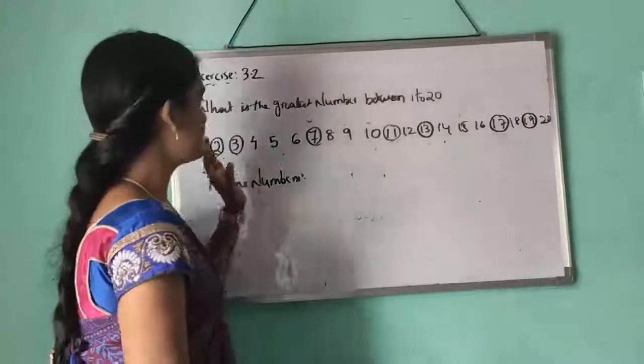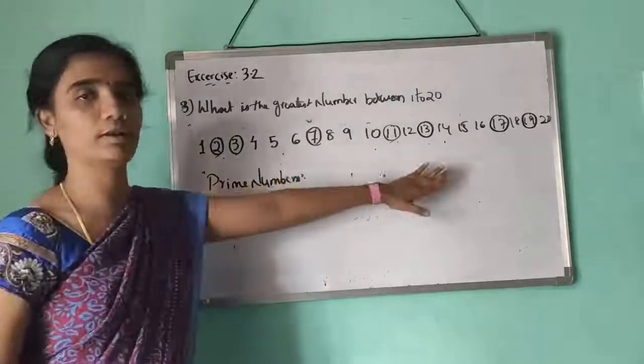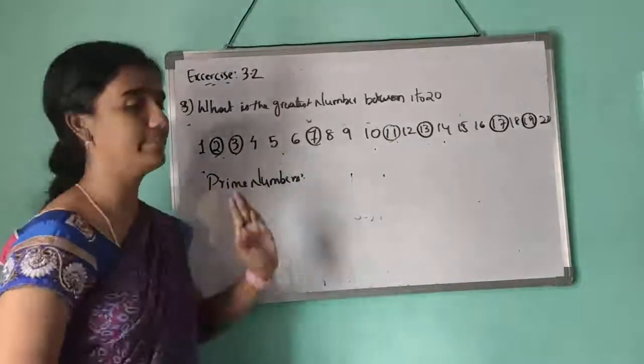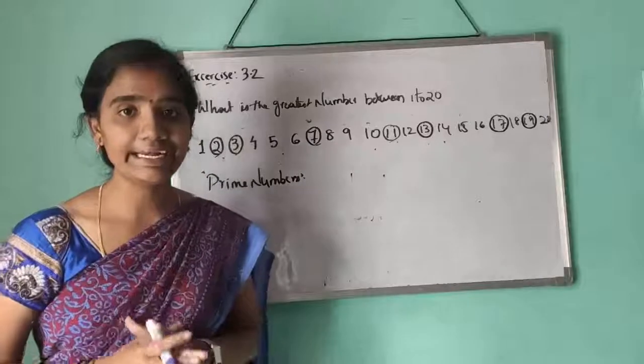They have a unique individual identity. It is not divisible by any table. It is called a prime number.